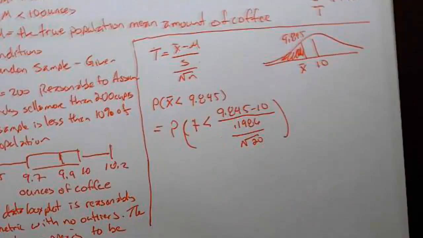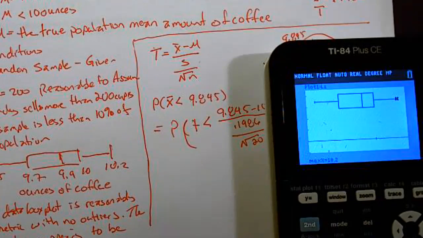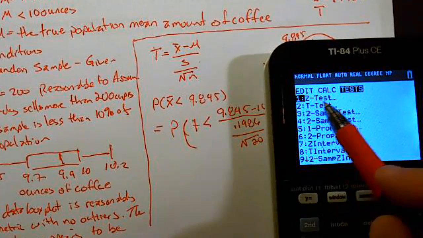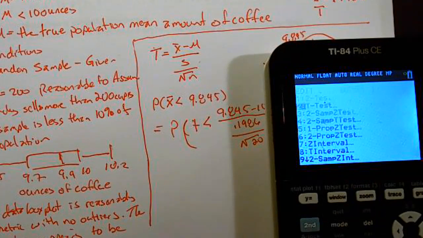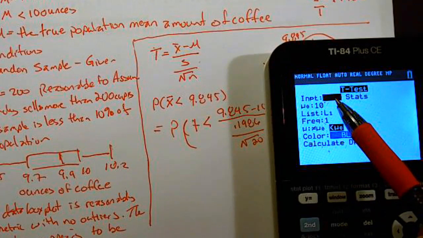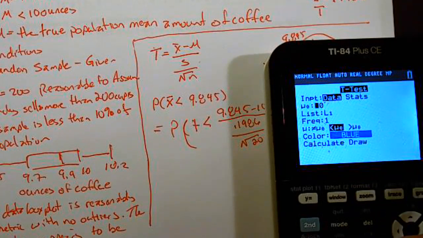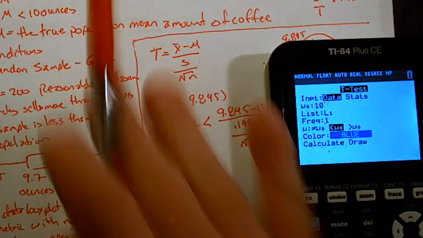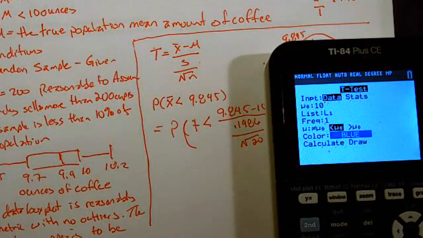And what that gives me, so I go STAT, TESTS, and I'm going to go to number 2, T-Test. Now I actually have data this time, so I'm going to want the data highlighted. The mean claim that we got from our null hypothesis is 10. My data is in L1, so 2nd 1. We have the less than, we want the less than because that's the way we wrote our alternative.